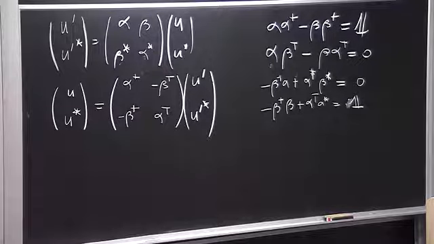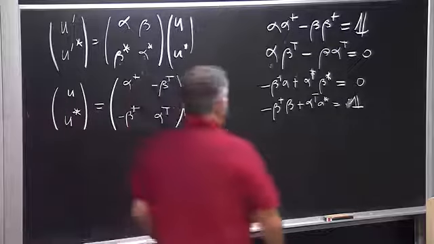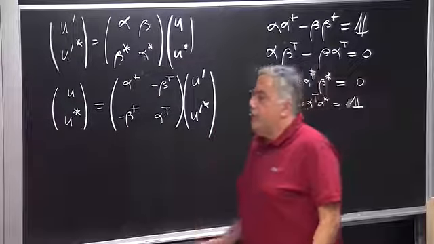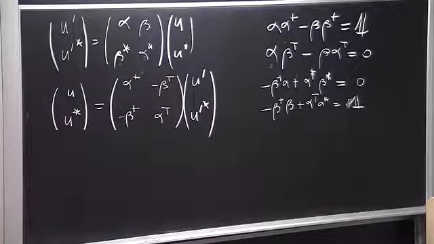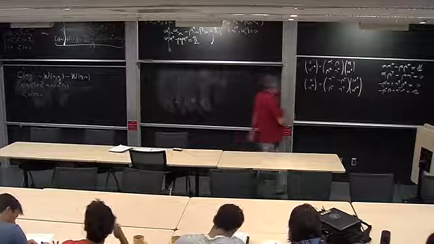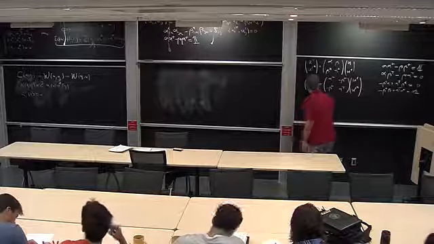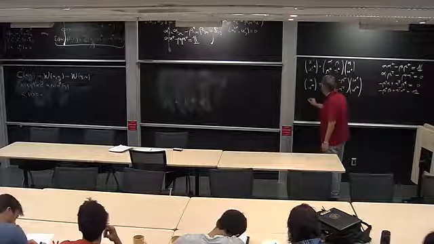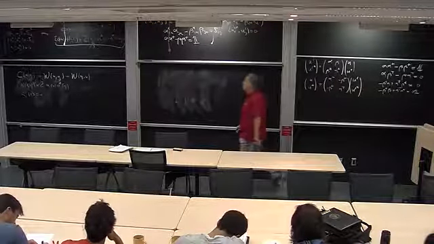So if you revert the viewpoint, you can see how the canonical transformation acts on the operators. Because now you write a duality relation.